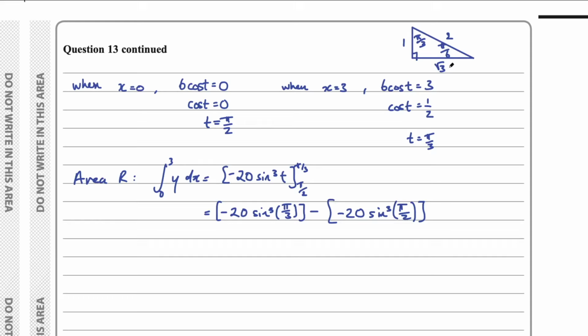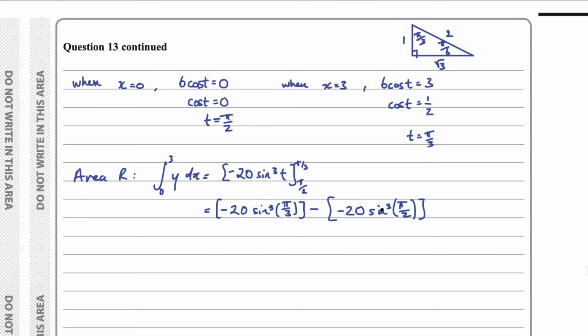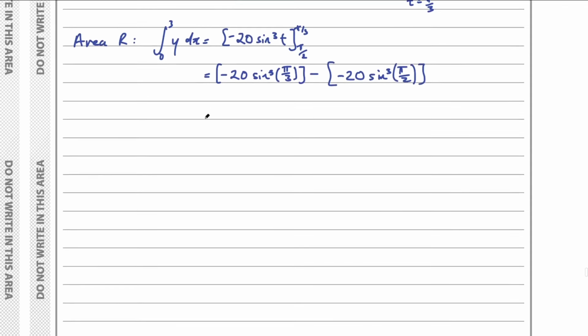That would be opposite over hypotenuse, root 3 on 2. So we have down here negative 20 times root 3 on 2 cubed. And the sine of pi on 2 is just 1, so this would then be negative 20 multiplied by 1 cubed, which is just 1. So in other words, that's just going to become negative 20.